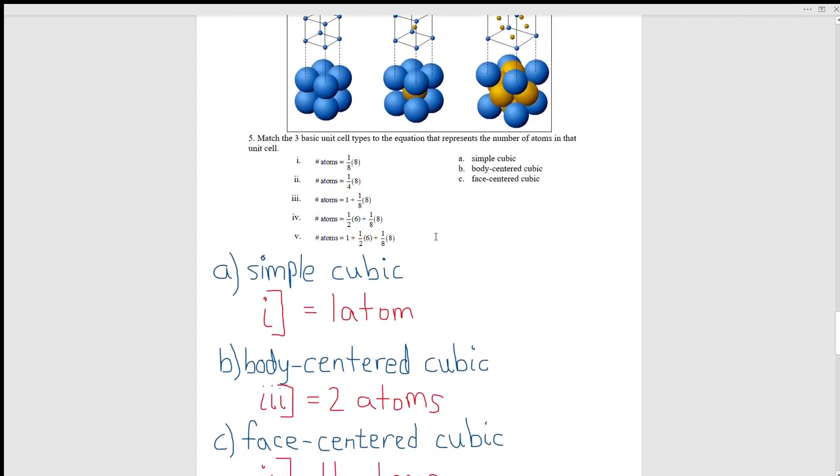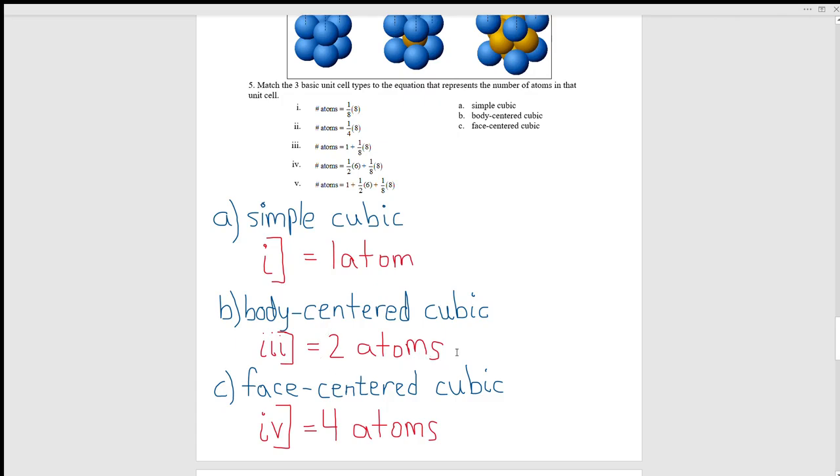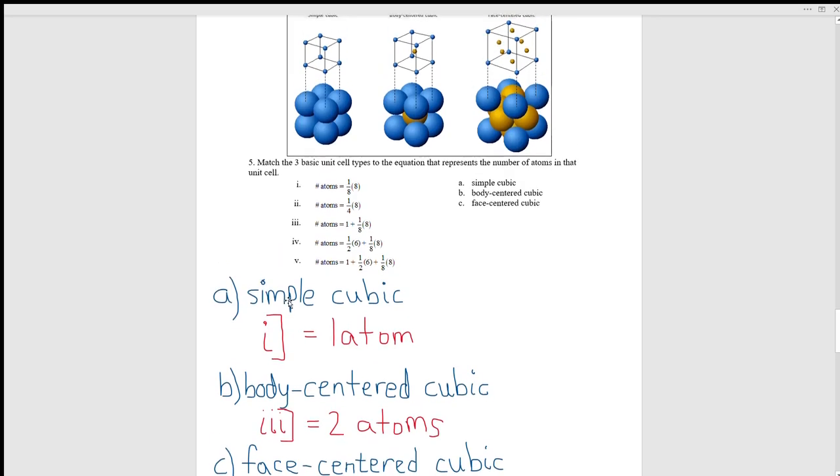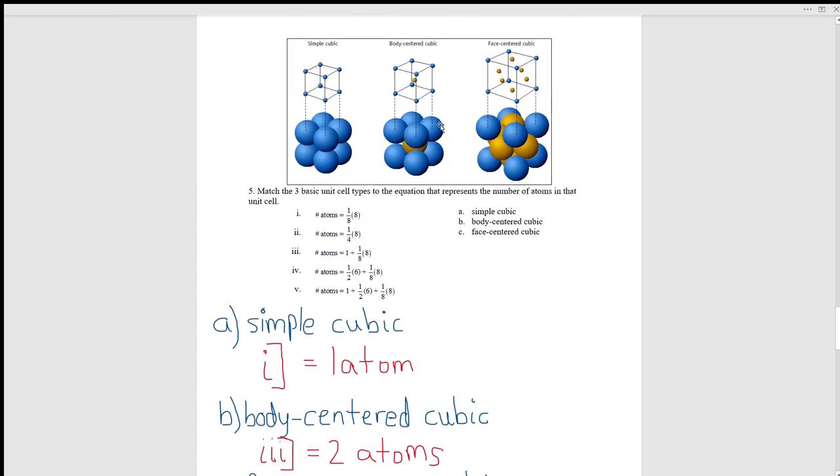Well, 1/8 times 8 is equal to 1. This is because we have 8 vertices in our cubic unit cell, and each of those vertices represents 1/8 of an atom. So if we have 1/8 of an atom at each vertex, and we multiply that by the 8 vertices in a cube, that gives us a total of 1 atom in a simple cubic unit cell.